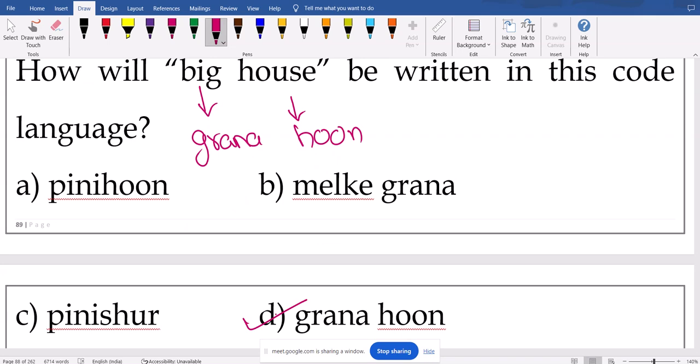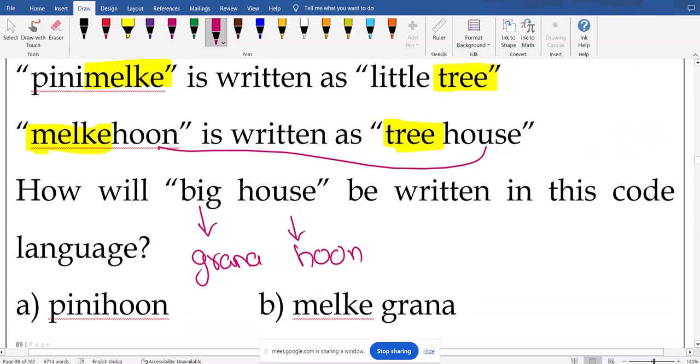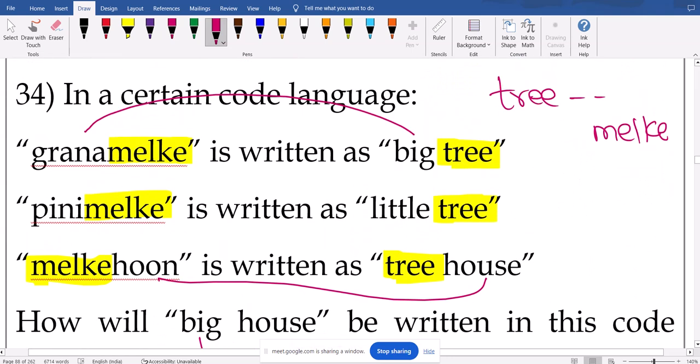If two options had them, I would have to think about position as well, which position hoon is in and which GRNA is in. But here only one option is available. This is mixed coding, and we need to compare. So everything is tree, and the position you can observe too. Big is GRNA, and house is hoon. That's how you can go about it.